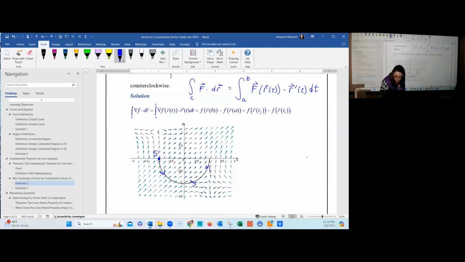So we're going to start here at (-1, 0), and we're going to end here at (1, 0). So I need a parameterization that will do this, and I need to know what the value of t is that puts me at the starting point, (-1, 0), and what value of t puts me at the ending point at (1, 0). Go ahead and pause the video to write out the parameterization only, then turn the video back on and we'll discuss it further.